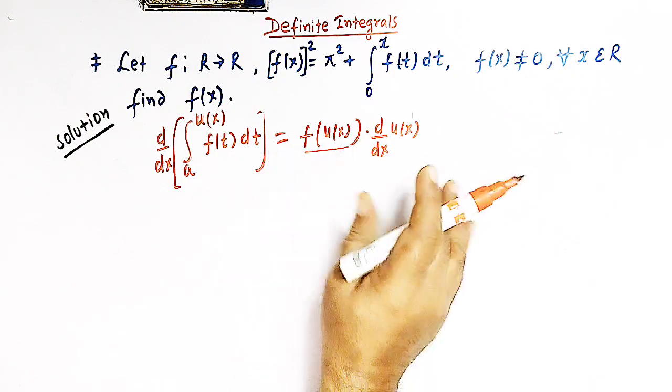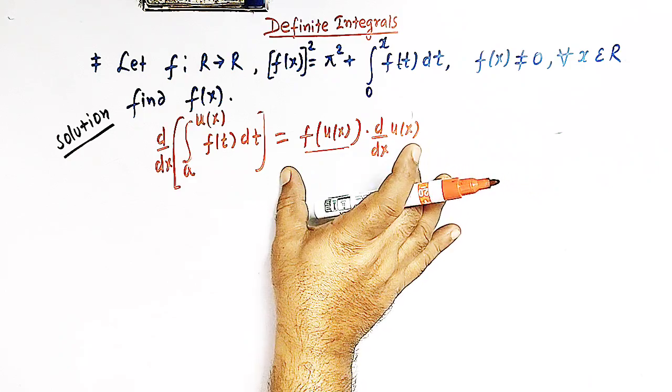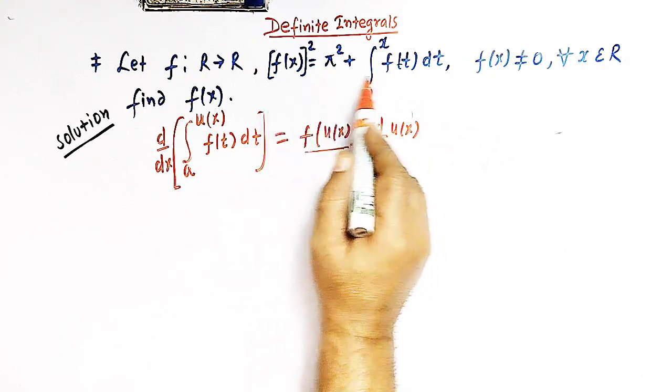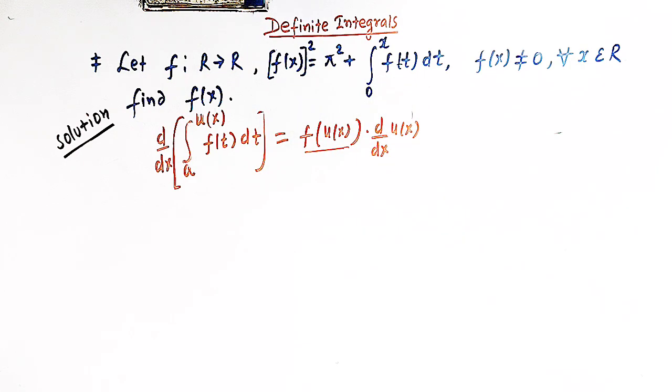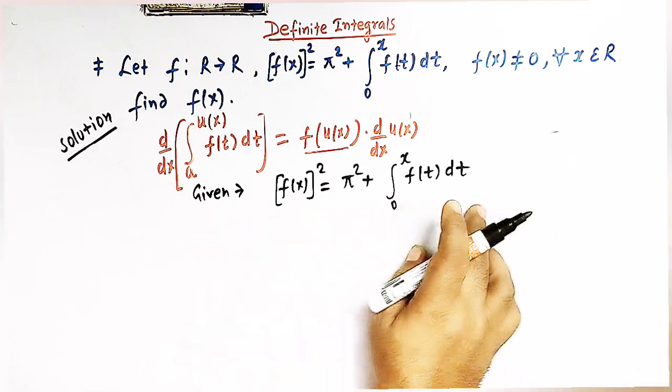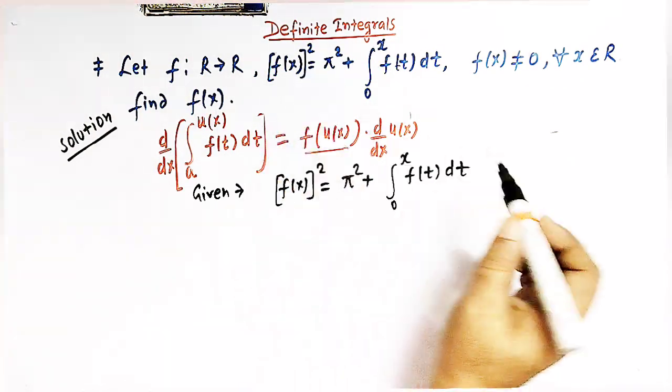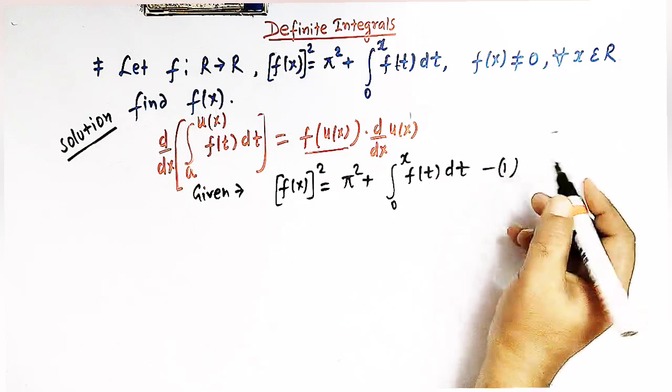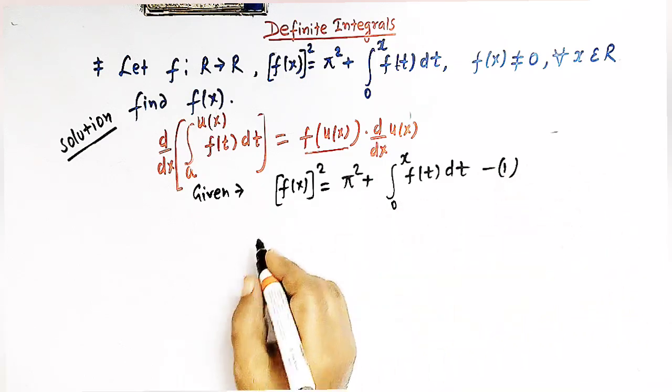So let us make use of this result to differentiate this equation. Let us take the derivative of both sides of this equation, and let us call this equation number 1.